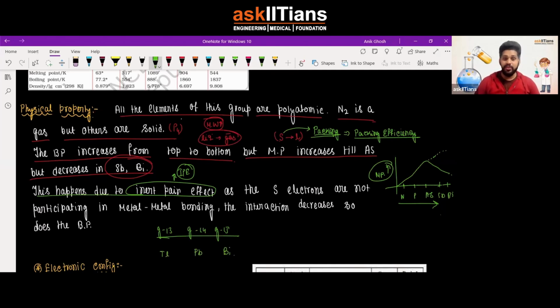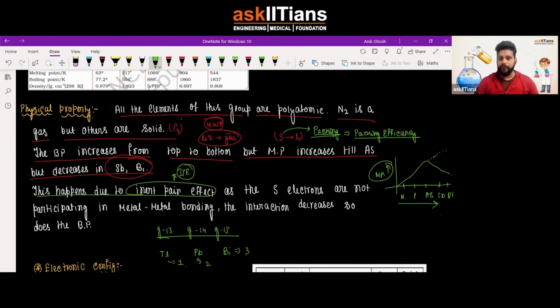These three elements show two less valency than the group valency. Group 13, so group valency should be 3. Group 14, so group valency should be 4. Group 15, so group valency should be 5. But they have 2 less than that, always. Thallium's valence has been found to be plus 1, lead is plus 2, and bismuth is more famous as plus 3. This is inert pair effect.